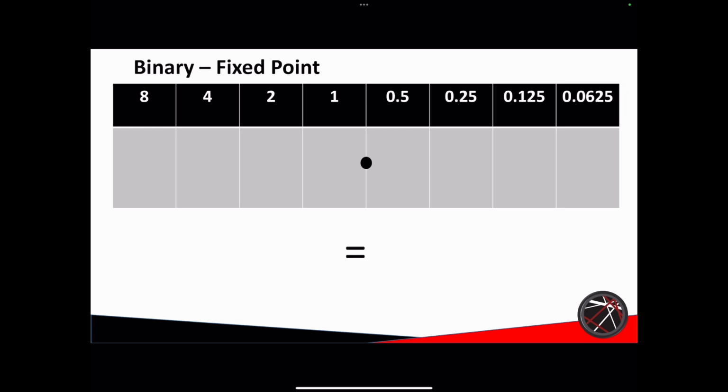So all that's happening here is, in the same way that when we move across, if you notice, the numbers go up by a times of 2, so 1, 2, 4, 8. Now all that's happening is that effectively it's been divided by 2. So half, quarter, etc. as you move down. But the same process is happening here. So if I want to do this, I have now represented 5.5.